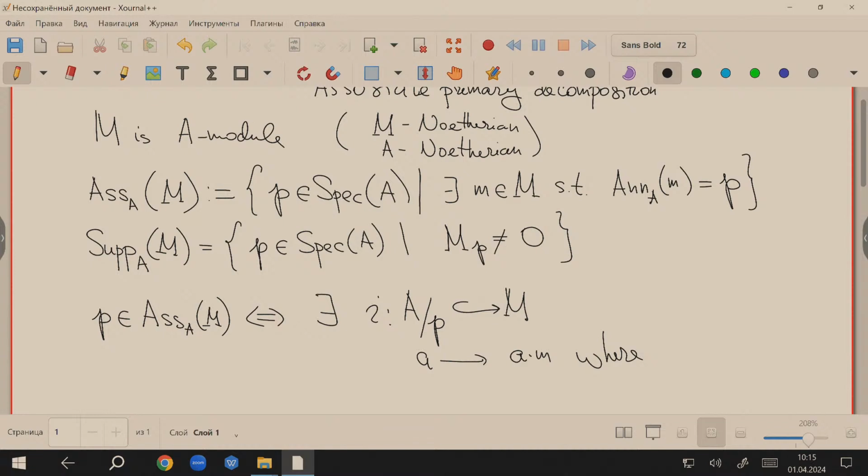If you take the image of the unit, clearly the unit in A mod P is annihilated by multiplication by P.